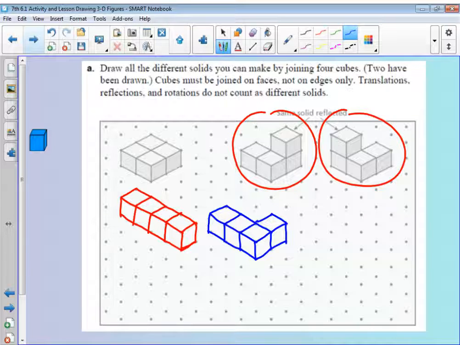Maybe one more might be, and when I look at this, I think of Tetris. I don't know if any of you have ever played the game Tetris, but it's where you're taking geometric shapes and trying to make rows so that it deletes out the rows. It's a game. Okay, so maybe I could do the same thing where I've got 3 blocks long, and this time, instead of having the 1 block off of the end, maybe I have that 1 block sticking out in the middle like this.